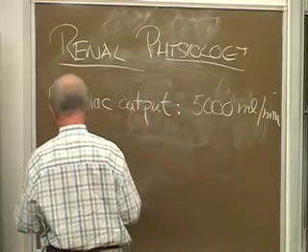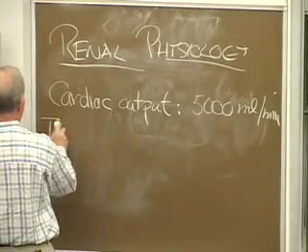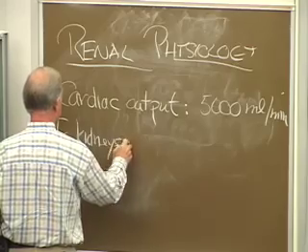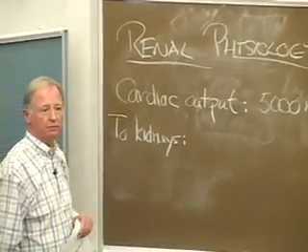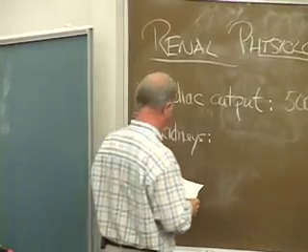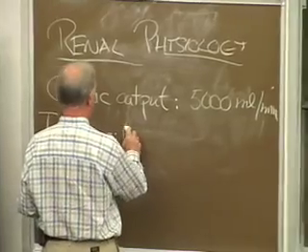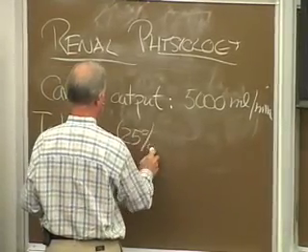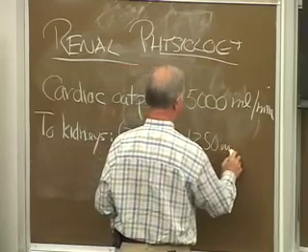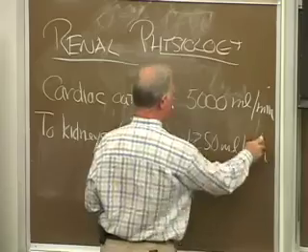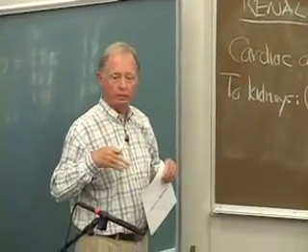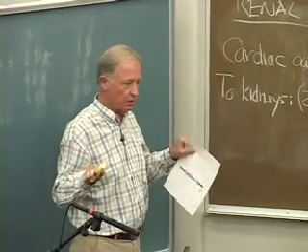And then the next question you might ask is how much of that blood goes to the kidneys? Obviously, some fraction of that does. Well, interestingly enough, about 25% of the blood, or approximately 1,250 mLs per minute, gets processed by the kidney. So a quarter of what your heart pumps goes to the kidney.